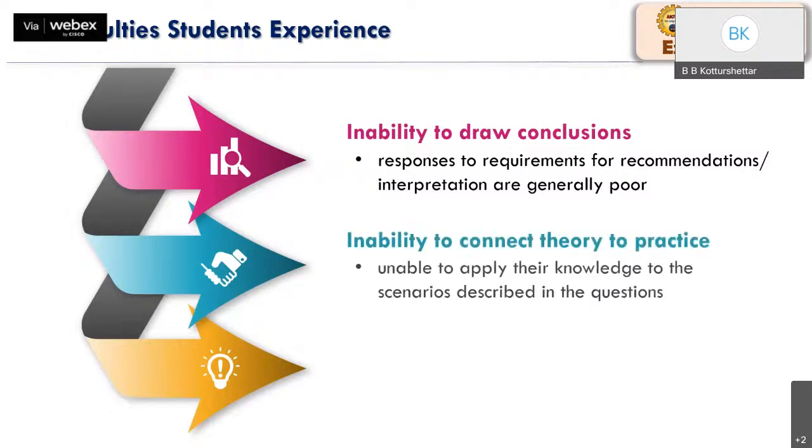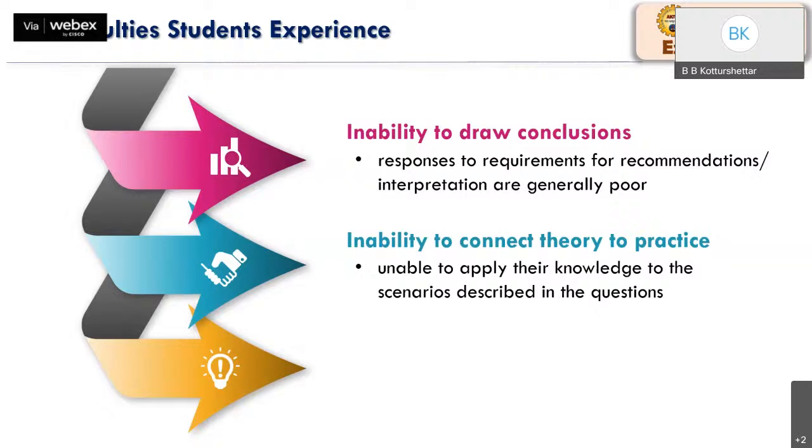Then there is the inability to connect theory to practice. They go through some theoretical subjects, carry out experiments, and do a number of projects. When we assess them, we see that in theoretical courses their focus is always on answering the questions.